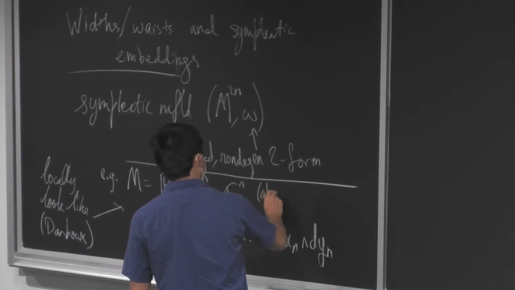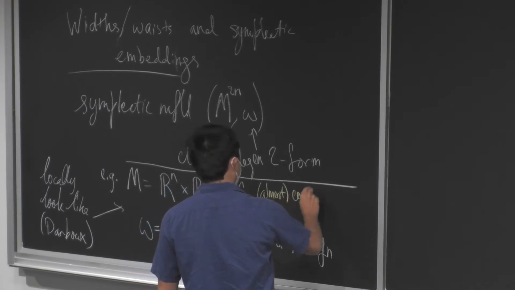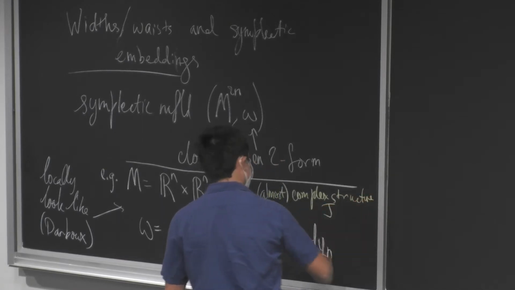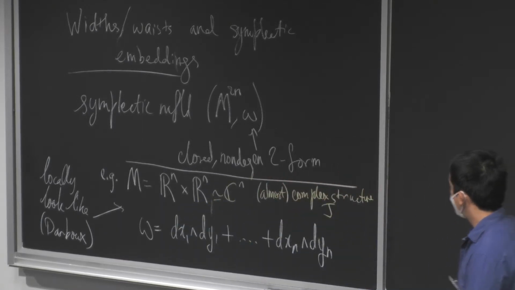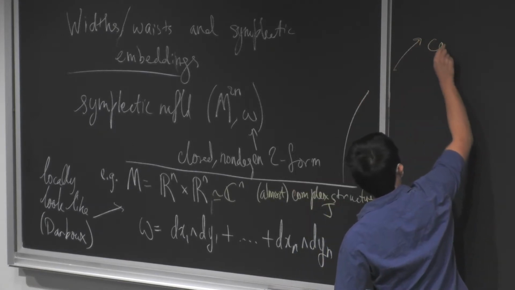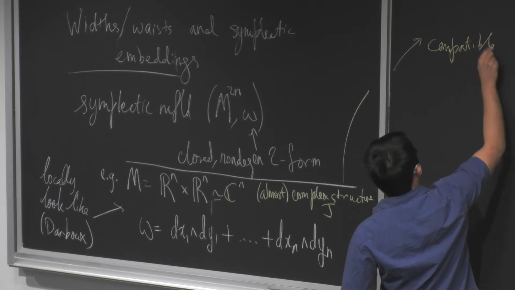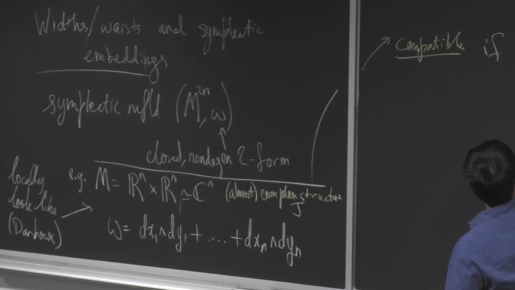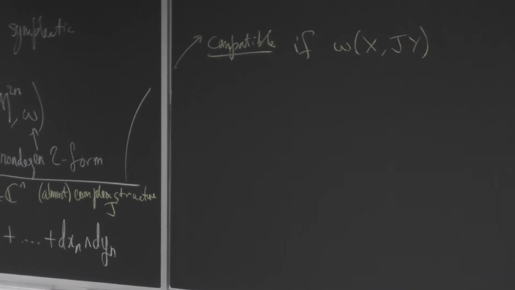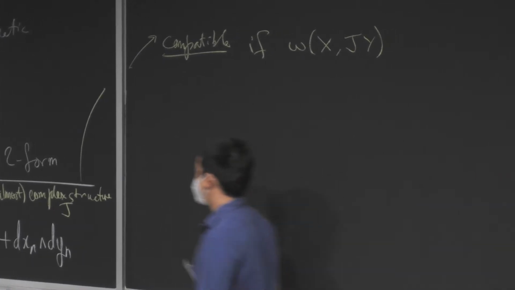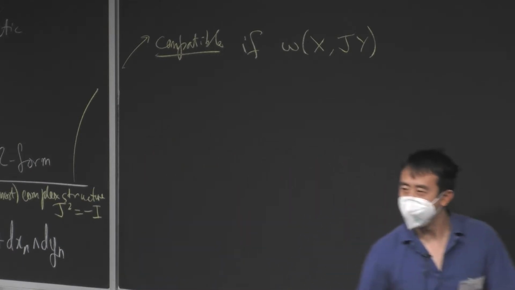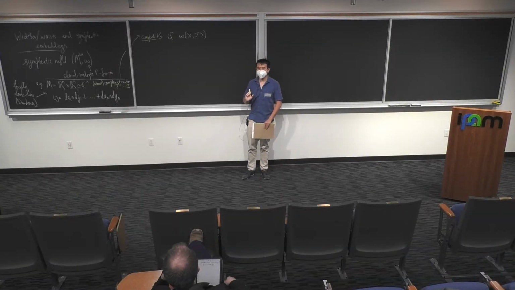So again, or in general, an almost complex structure, J. And the point of an almost complex structure is that this should be compatible: if I turn this skew tensor into a symmetric tensor by including the complex structure, then I get some symmetric tensor.